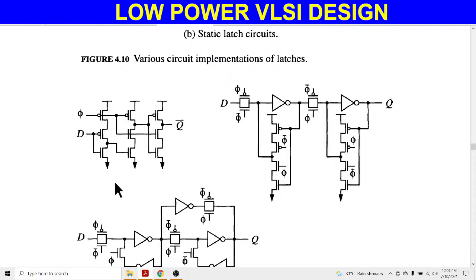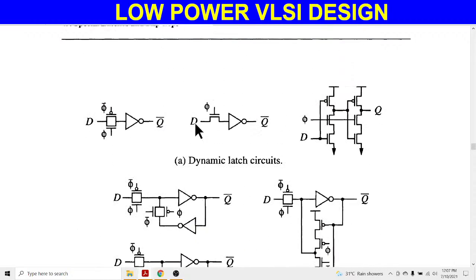One threshold voltage loss problem occurs when 1 is propagated through it. Okay, so there are various types of circuits. If we implement a flip-flop using NMOS instead of a transmission gate, these elements are transmission gates.